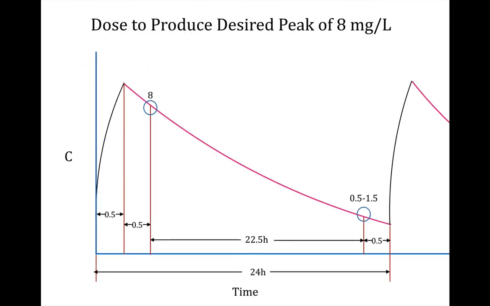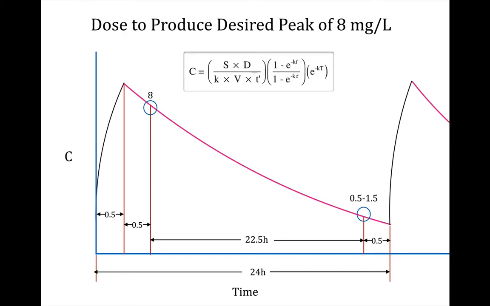Now then, we need to determine the dose to produce the desired peak of 8 milligrams per liter now that we've determined that the dosing interval is going to be 24 hours. We use the equation to describe the event once again. We're going to solve for a concentration of 8 milligrams per liter.